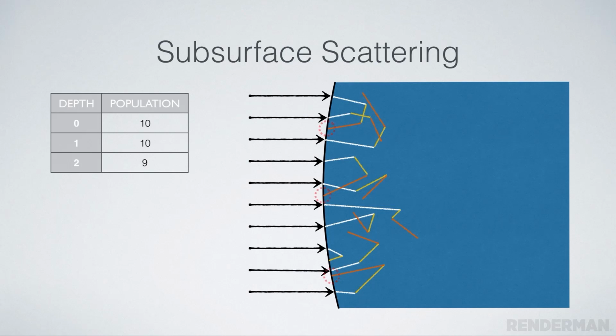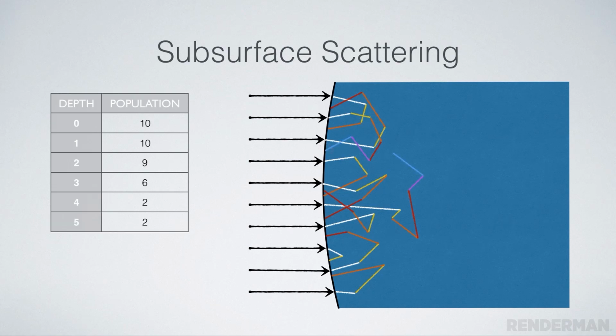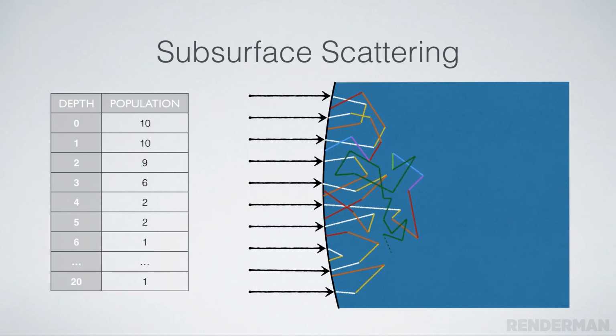So we consider the next scatter position and trace a ray, and further paths exit the material, and so on and so forth. And once we hit depth 4, we find that two of our paths have exited the subsurface volume. We continue once more, a further path exits, and now we only have one path that's active inside the subsurface volume. We can continue in this path for a very, very long time and still not exit the volume.